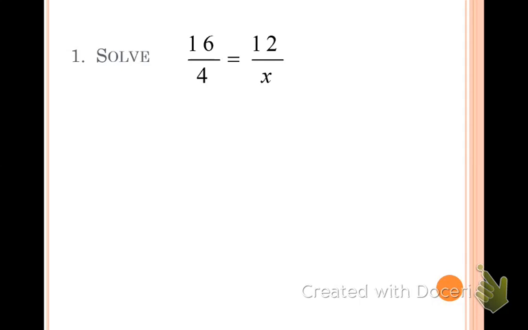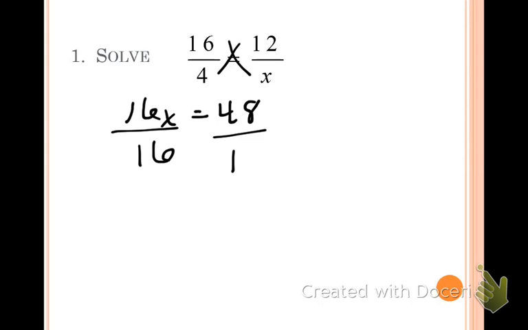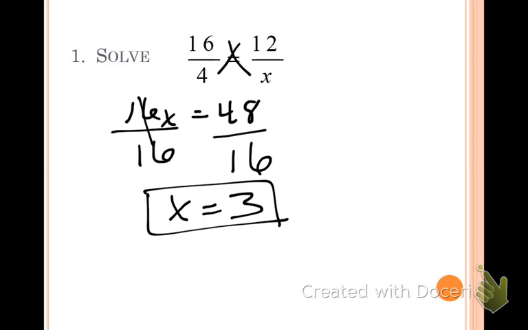And to do that, we simply cross multiply. 16 times x is 16x. 4 times 12 is 48. Then divide by 16. And x is 3. Okay? That's it. You just cross multiply.